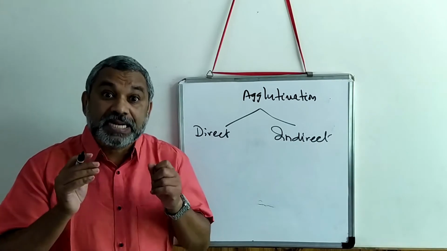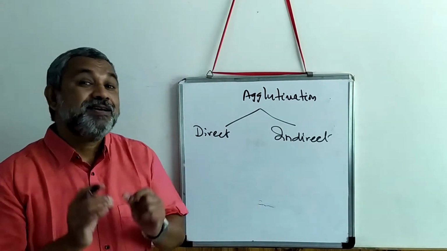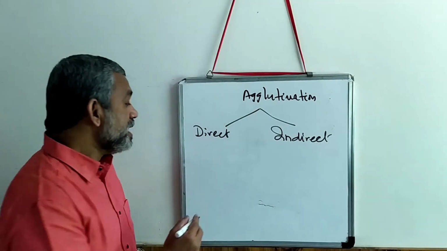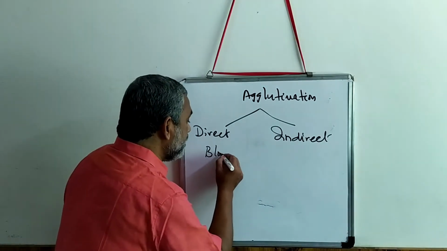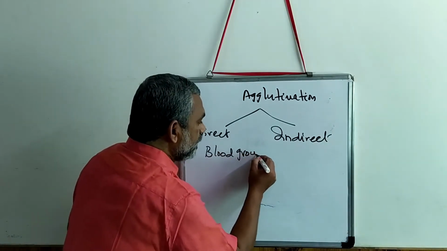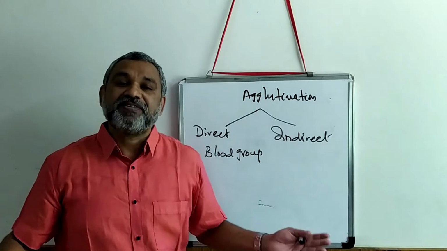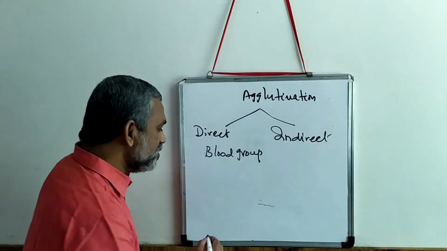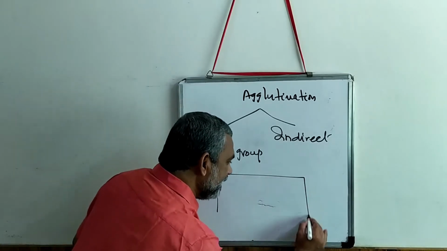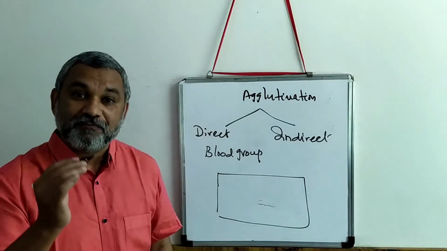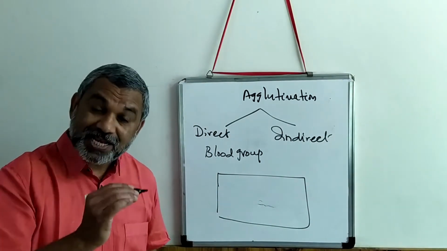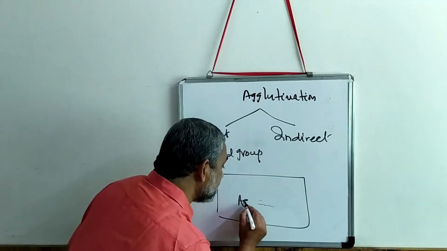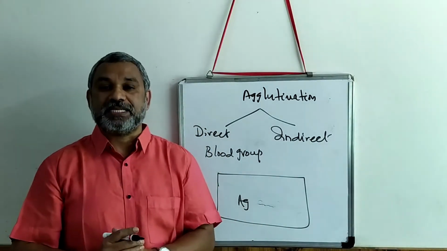What is happening in a direct agglutination reaction? A classic example is blood group typing. We have carried out these blood grouping experiments, where on a microscopic slide we take blood, which will have blood group antigens present.